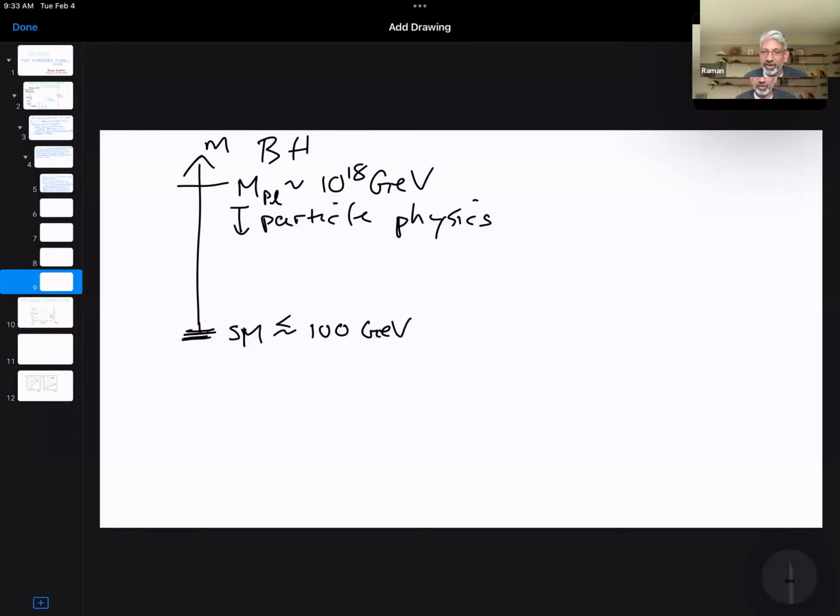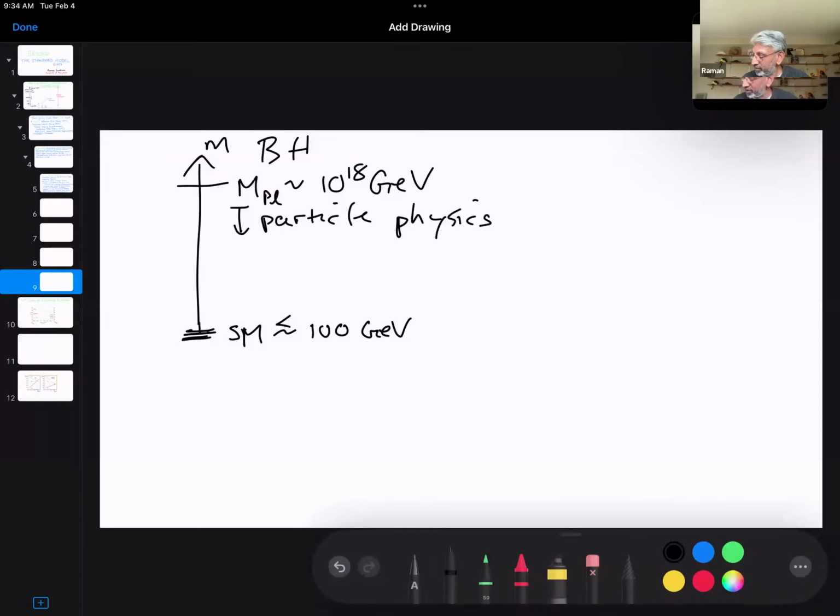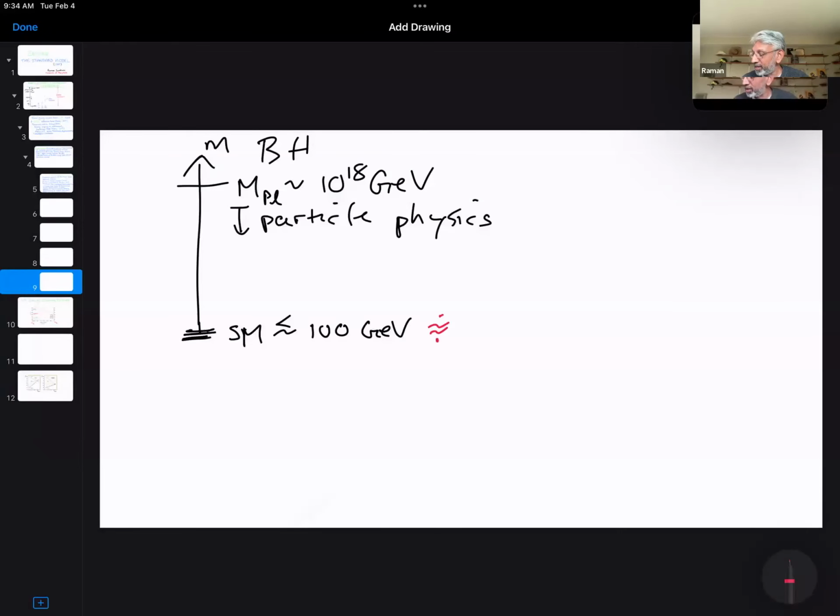So if you just look in the most coarse-grained way, you would say that a lot of the hierarchy problem is simply this picture that I'm showing you here. From the perspective of this picture, this is all approximately massless. On this scale, even 100 GeV is nothing.